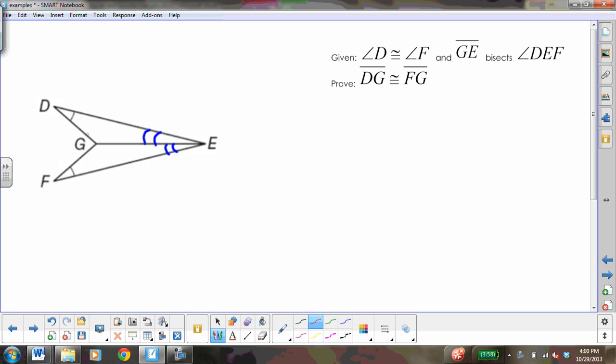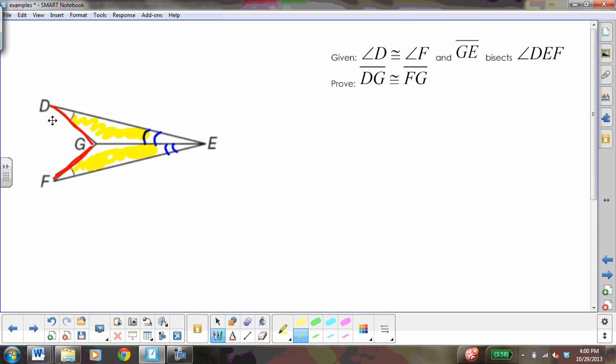And it looks as though we want to prove that DG is congruent to FG. So in order to do that, I have to say that these two triangles, DGE and FGE, are the same.